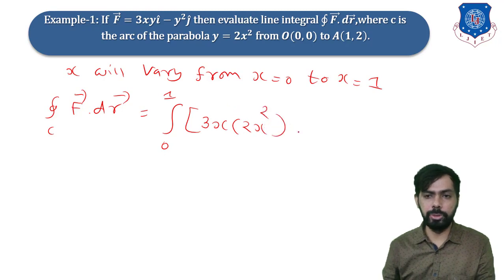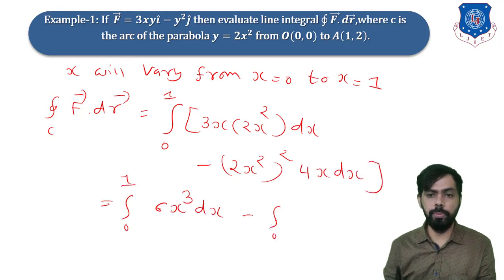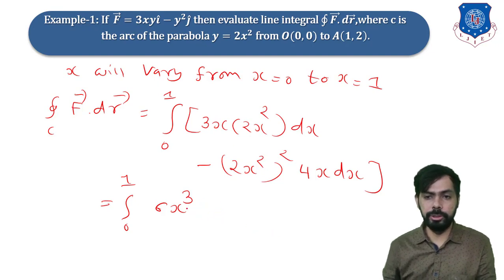That is, (2x square) whole square dy, and dy is 4x dx. If we simplify this, it will be 3 into 2, 6x cube, then minus 2 square is 4 into 4, 16, and x raised to 4 into x is x raised to 5, so 16x raised to 5, dx.